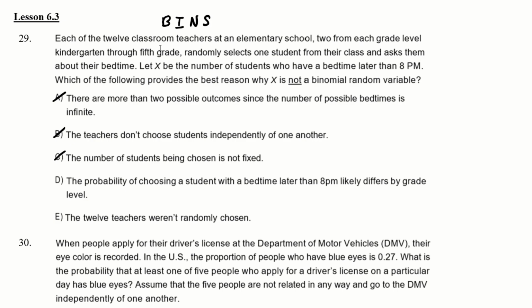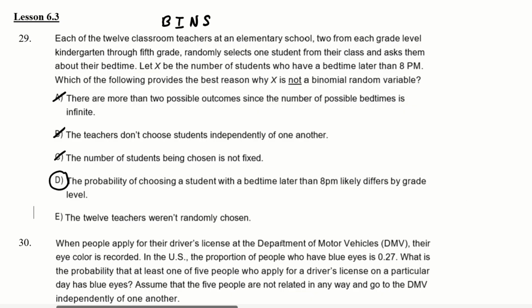And then as they get later on in the grade levels, 5th grade and so on, they're more likely to have a bedtime later than 8 p.m. So this is a good point that the probability of success is not the same by student. And remember that the S stands for same probability. The probability has to be the same across the board, but it's not. So therefore, yeah, I would select D for the answer.